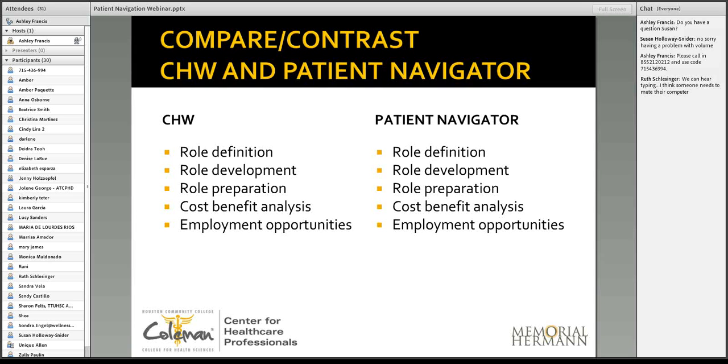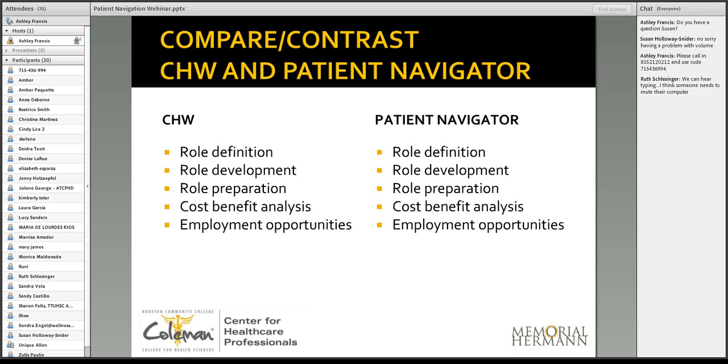And a final comparison between patient navigators and community health workers is that right now the availability for employment of patient navigators is generally within a clinical, an oncology clinical setting, and those positions can be funded through the Affordable Care Act.